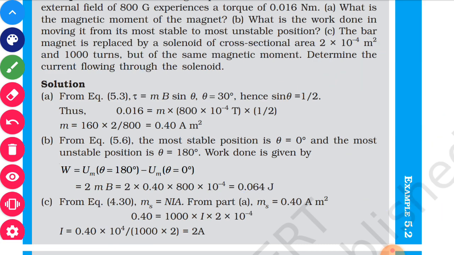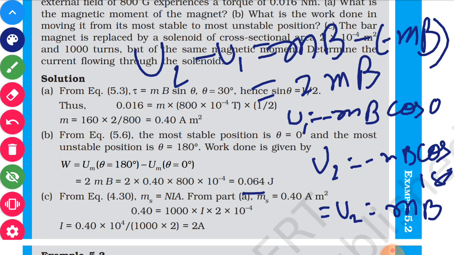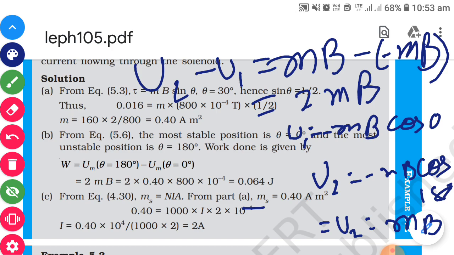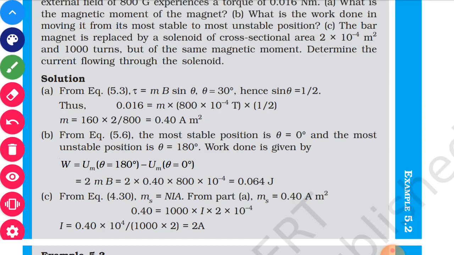Now the bar magnet is replaced by a solenoid of cross-sectional area 2 × 10^-4 meter square, 1000 turns. That is very easy to calculate again. Magnetic dipole moment of the solenoid can be NIA.